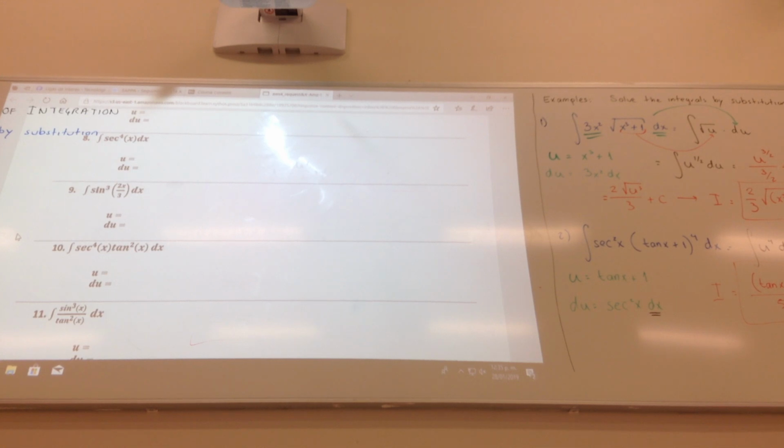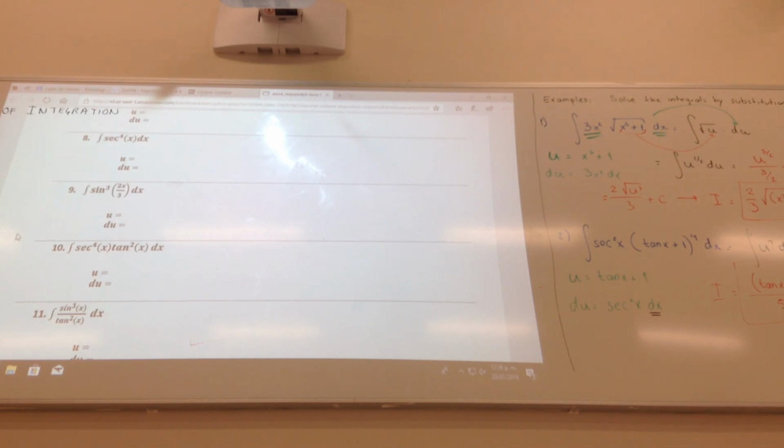Observe number 8. Just at first glance, is it possible to do this with the substitution method? Do you have a function and its derivative in there?